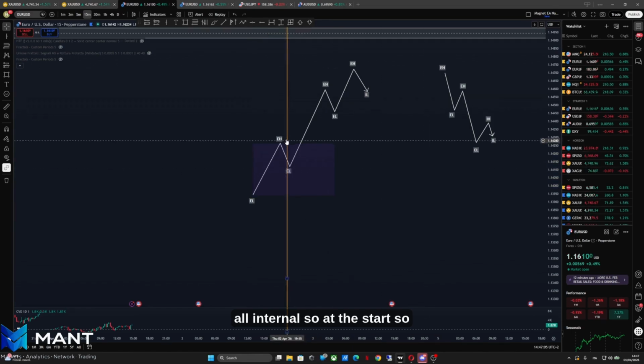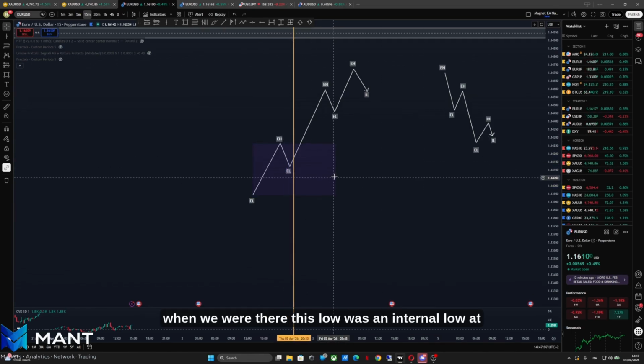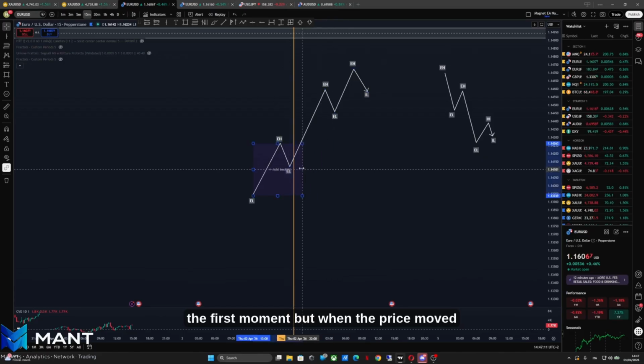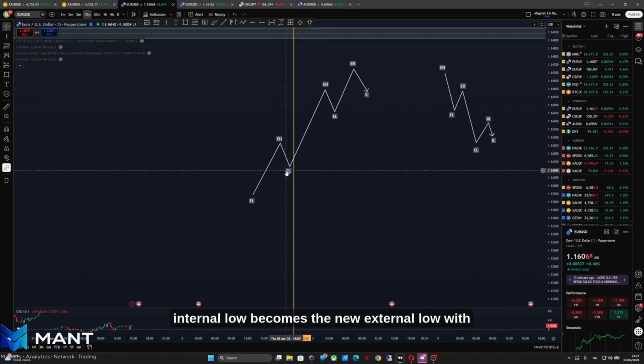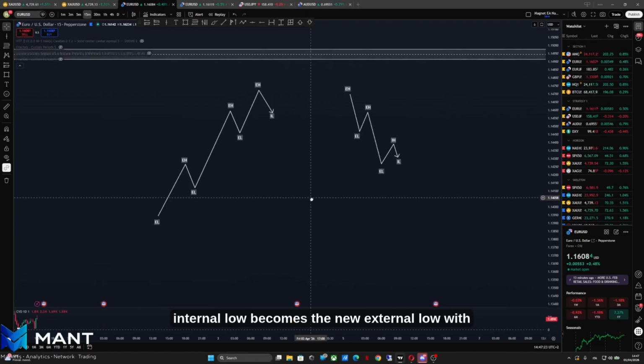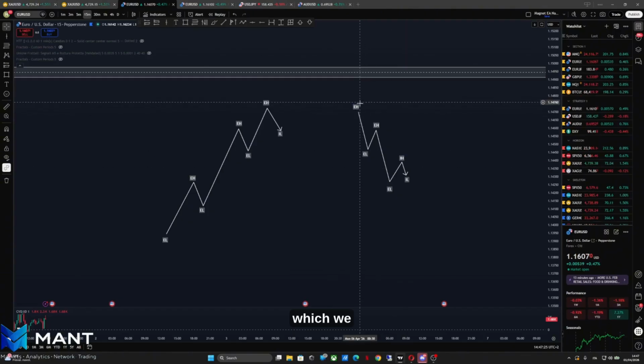At the start, when we were there, this low was an internal low, but when the price moved and broke this point by creating a new external high, this internal low becomes the new external low. Same with the bearish trend.